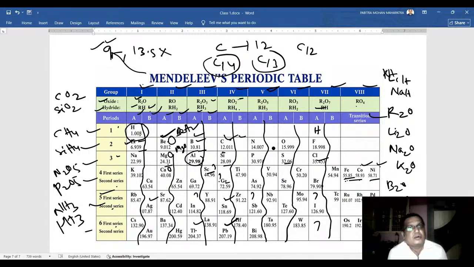When I discuss the modern periodic table, I will show you how it explains the cause of periodicity among the elements. In the modern periodic table you will see an increasing order and a decreasing order, and you will also see the cause of why the increasing takes place and why the decreasing takes place. But in Mendeleev's periodic table, such a thing will not be found.